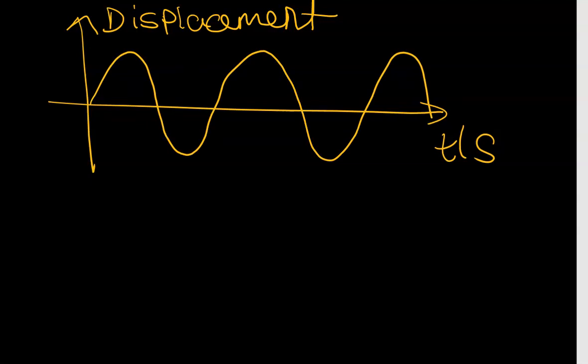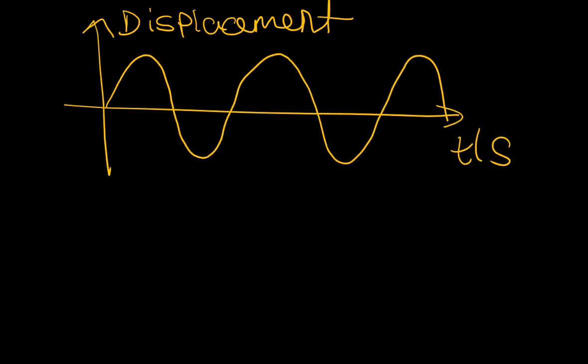I cannot deduce that from this representation. What I can deduce is the two main things that can be deduced from a displacement time graph are the displacement A, which is the height of the crest or the depth of the trough, and that could be read off from your y-axis, and the time taken for one cycle, which can be deduced from your time axis.